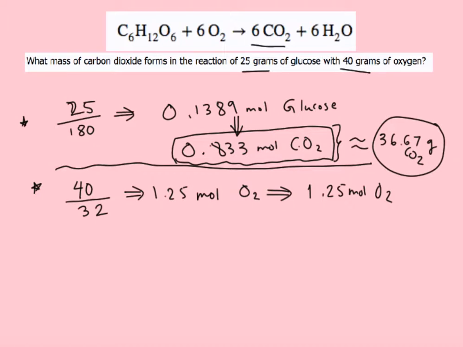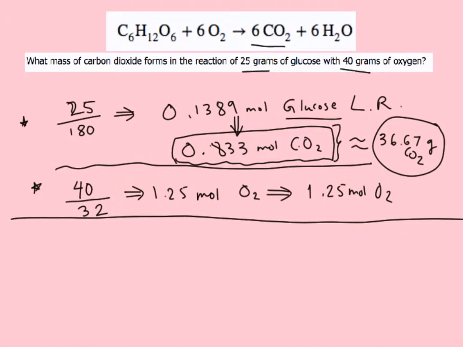And now, this is the question that I want to add. How much of the excess reagent is left over? So if glucose was our limiting reagent, then the other reactant, O2, is our excess reagent. We could set up a little proportion right here.